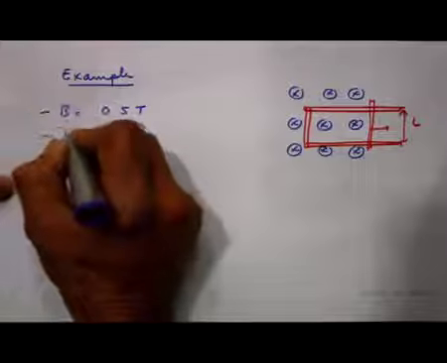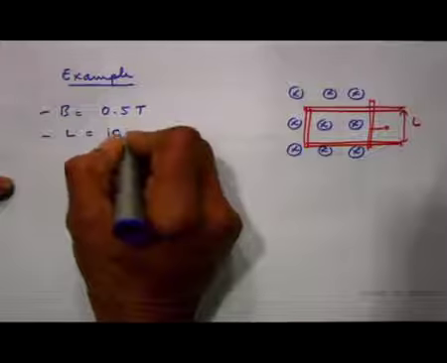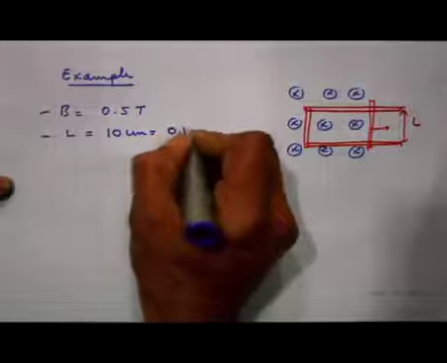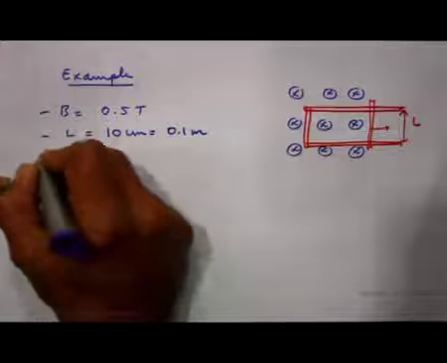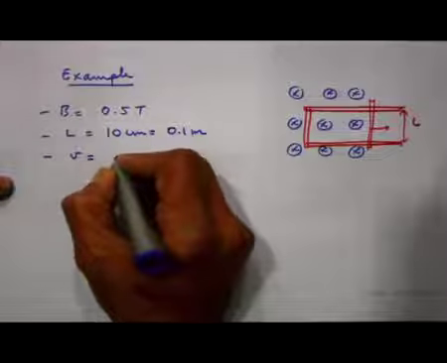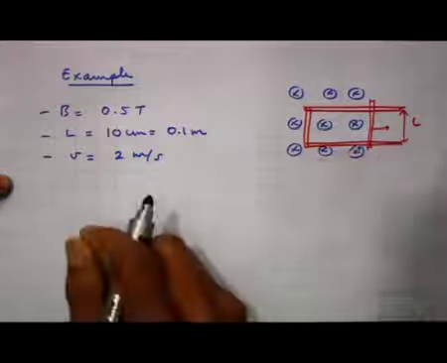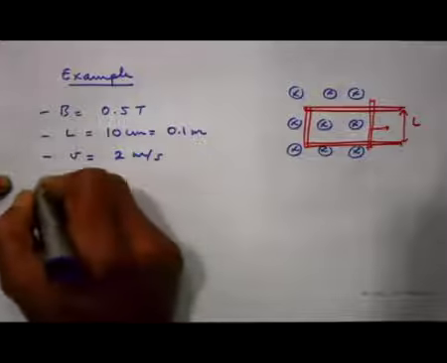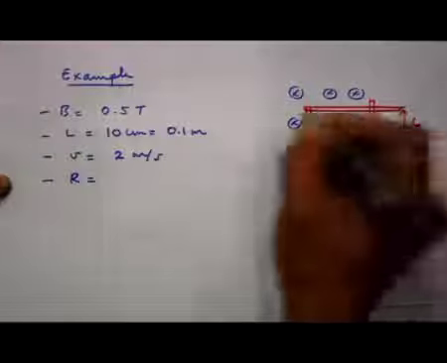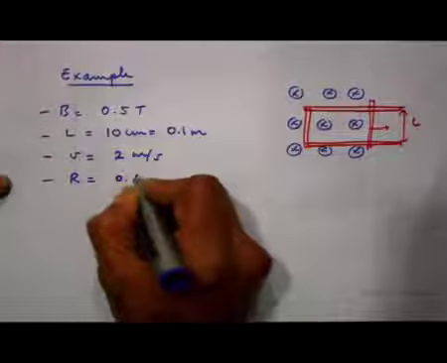Let me assume a length L of 10 centimeters, which is 0.1 meters. Let me assume a velocity of 2 meters per second, suppose I am trying to pull it at the rate of 2 meters per second, and let me assume the resistance of this loop is 0.05 ohms.